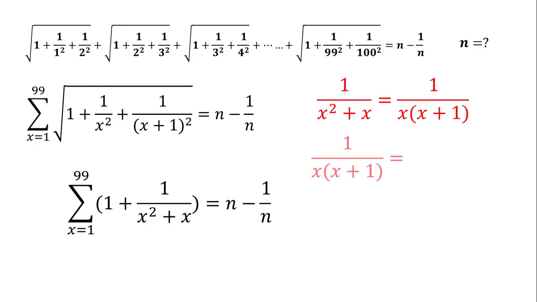So I can write the partial fraction for each factor with variables in the numerator, and I call them a and b.